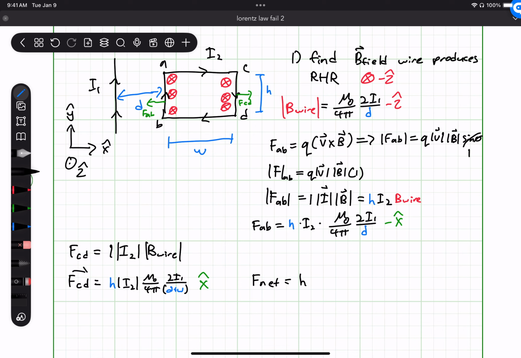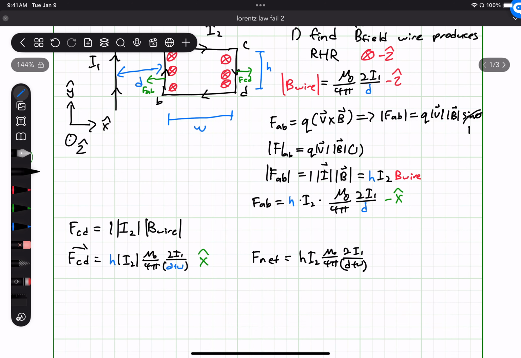So we're going to do h times I2 times mu naught divided by 4 pi times 2I1 divided by D plus W. I can actually cancel out the 2 and the 4, so I'll just be left with 2 on the bottom here.